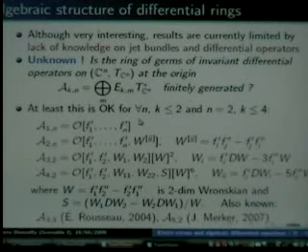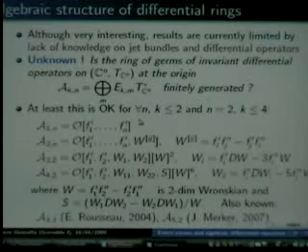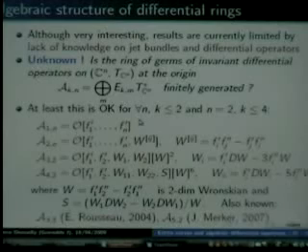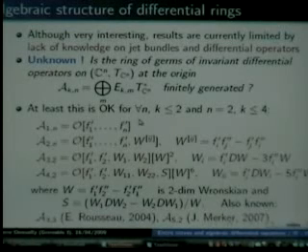The operators depend on f1 prime, f2 prime, fn prime, and any choice works. So you get a polynomial ring, obviously. For order 2, it can be shown that the operators depend only on the Wronskians.